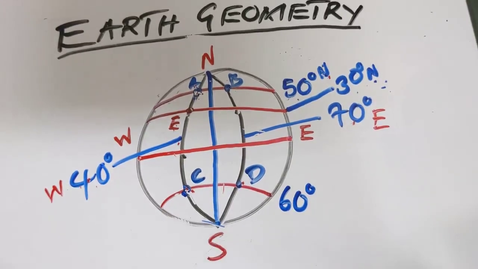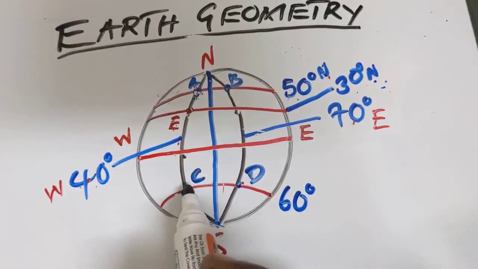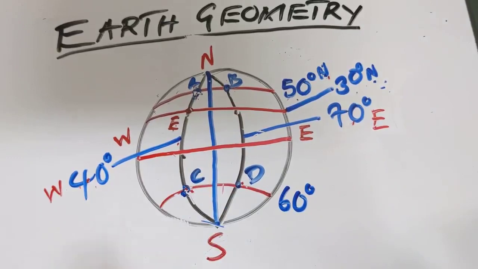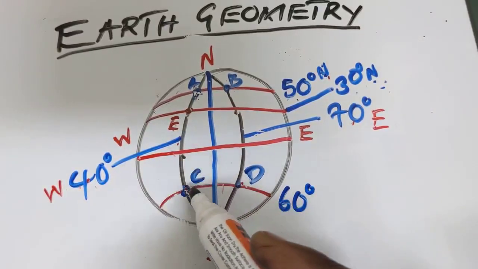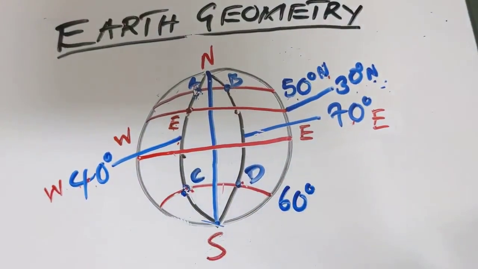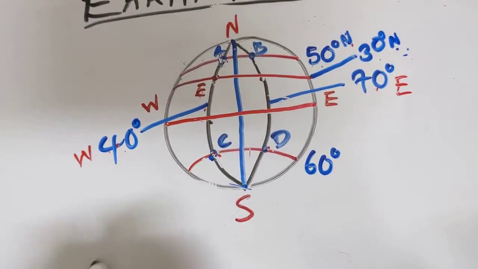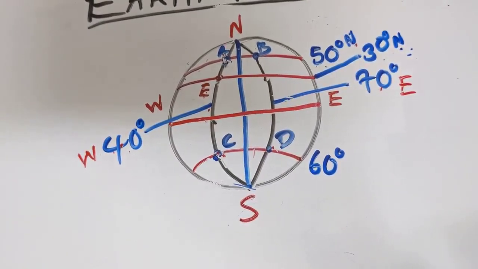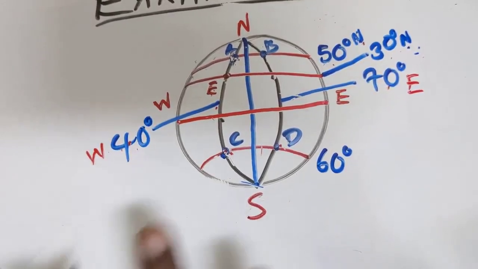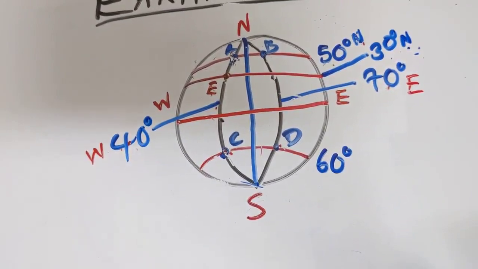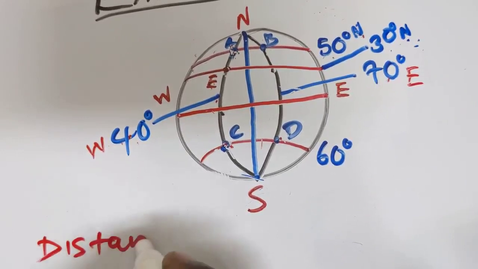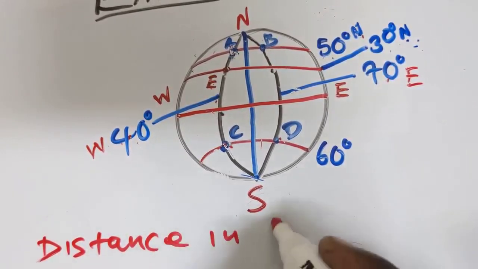So the distance in longitudes, let's say you want to find the distance between C and D, or in longitudes, between A and C. So let's start with the distance in longitudes.